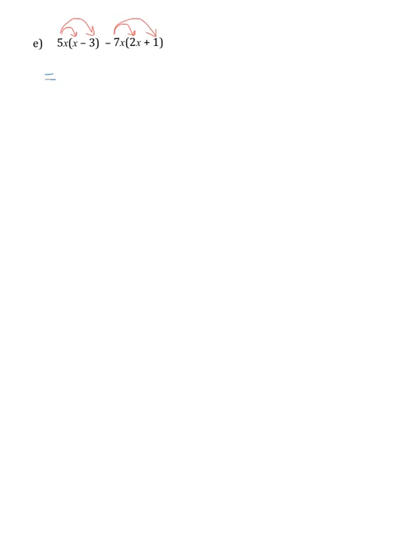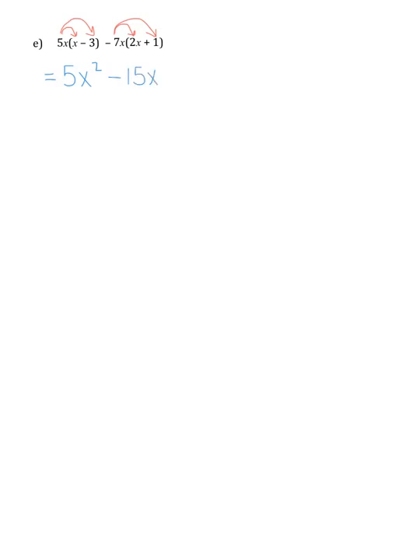So our first term is going to be 5x times x. That's going to give us 5x to the 2. Our second term, we have that 5x times negative 3. That's going to give us negative 15x.